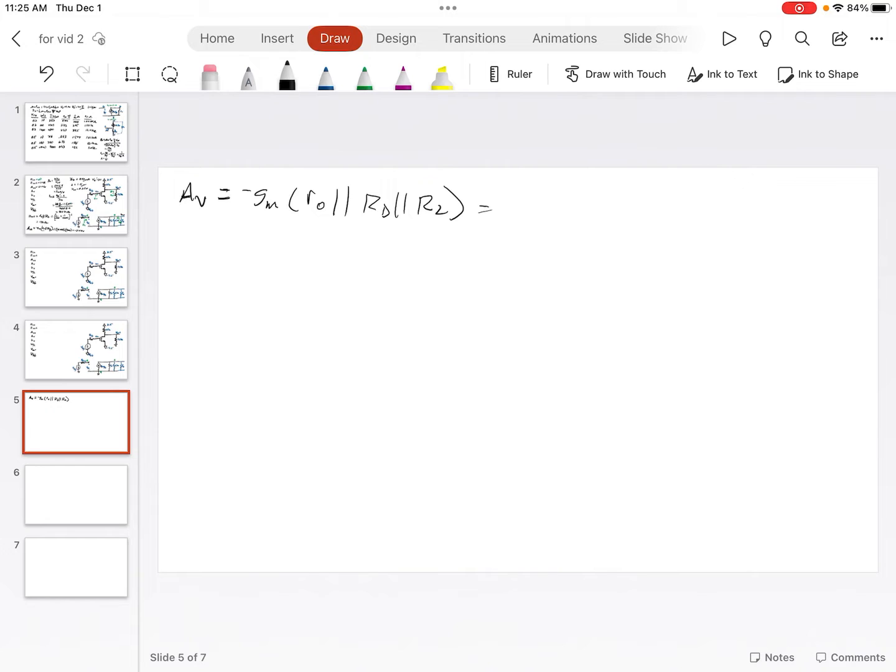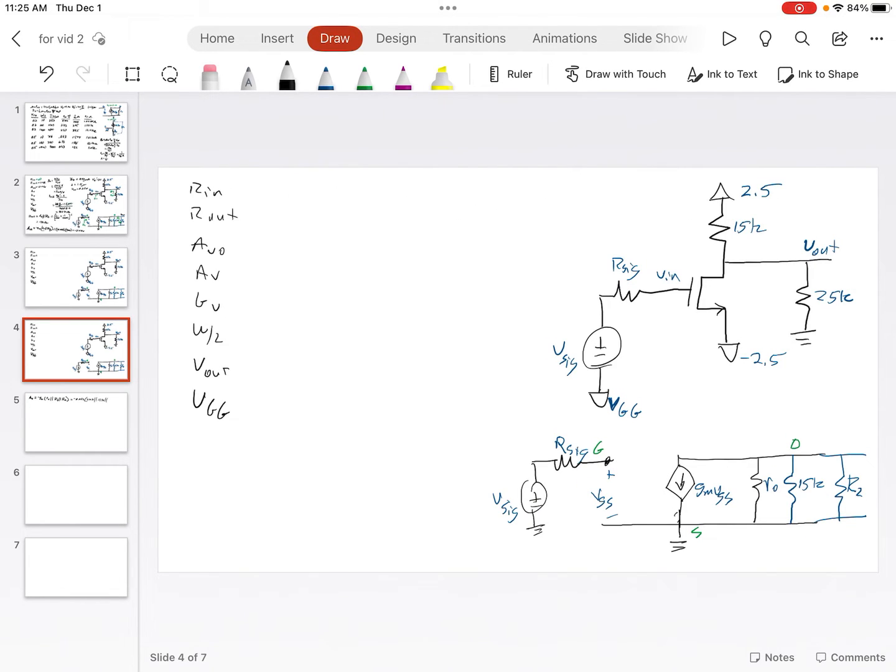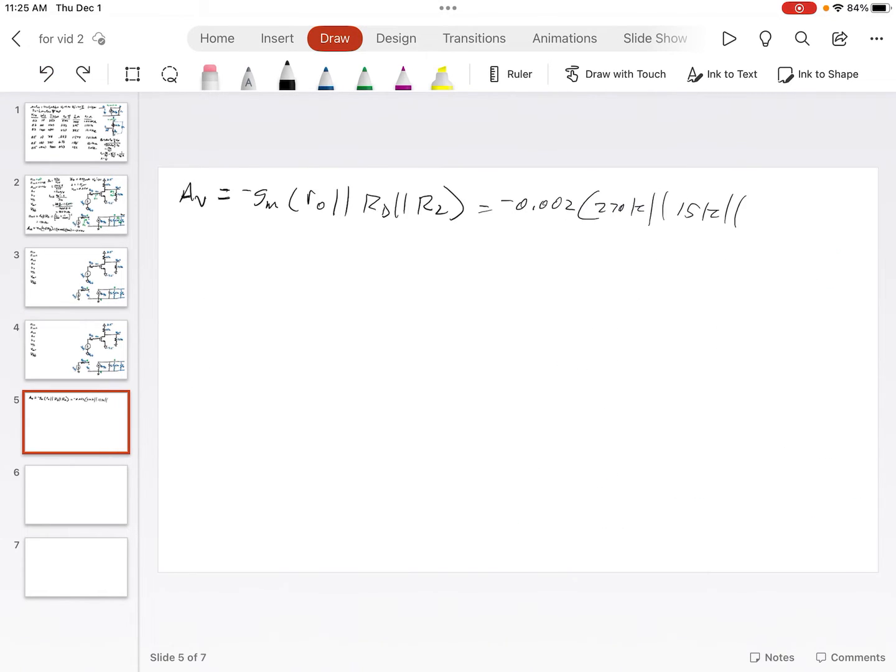And so if we put these values in, we get minus 0.002 times 270K parallel with 15K. And did I say what the load value was? It's 25K. So parallel with 25K.